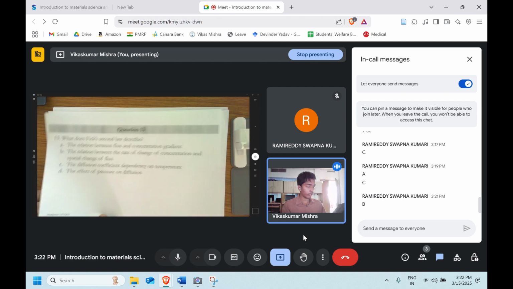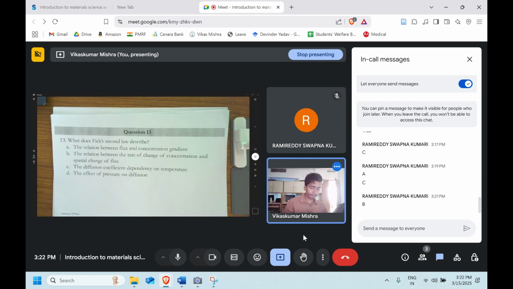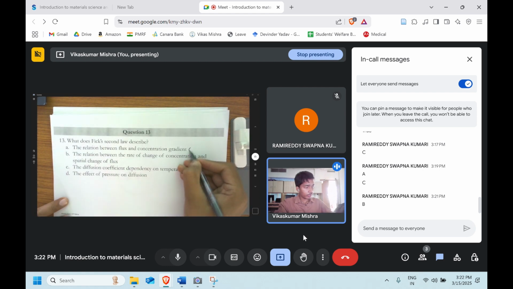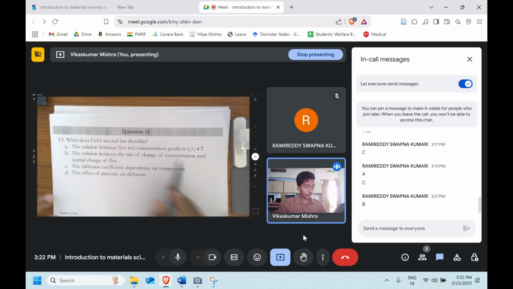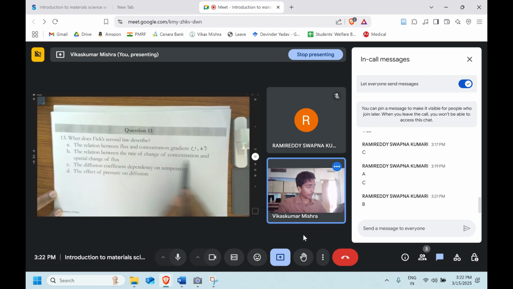Let's go to the next question, question number 13. What does Fick's second law describe? So here we are talking about Fick's second law. Option A, the relation between the flux and the concentration gradient. Think whether it's described by Fick's first law or second law. Let's go to the next one, the relation between the rate of change of concentration and the spatial change of the flux.